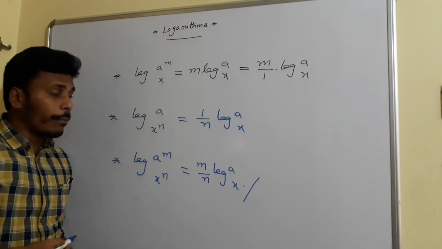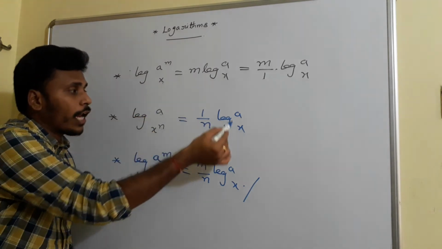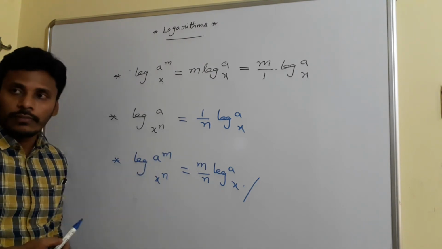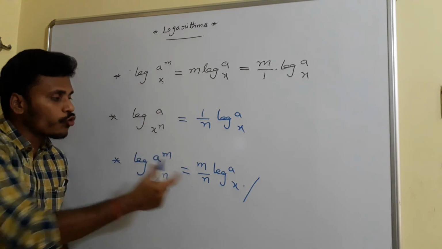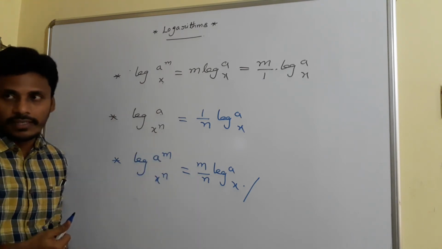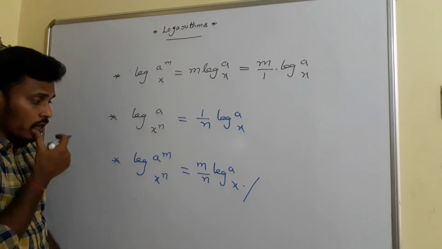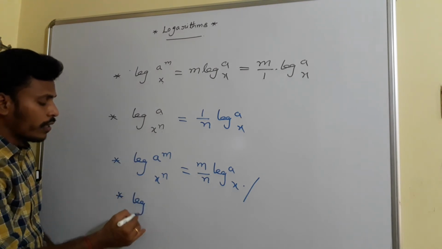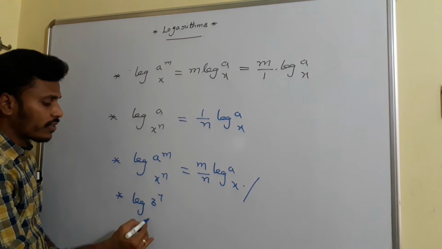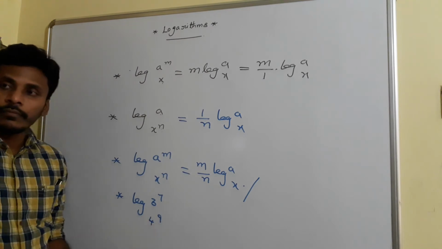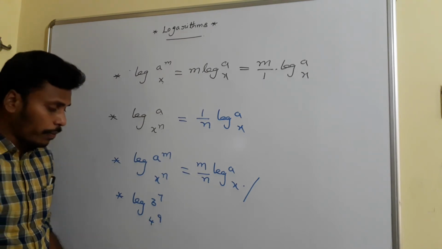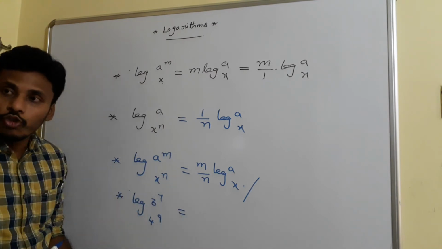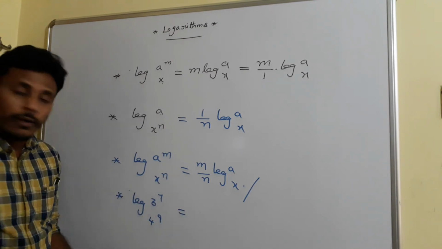Log a base x power n is 1 by n log a base x, and this is logarithm of a power m base x power n. Just by utilizing these two things, you have that m by n log a base x, right? So suppose I give you one example related to this, logarithm of, say, 3 power 7 base 4 power 9. If you have logarithm of 3 power 7 base 4 power 9, you may write it like this: send 7 out, it becomes the numerator, send 9 out, it becomes the denominator.